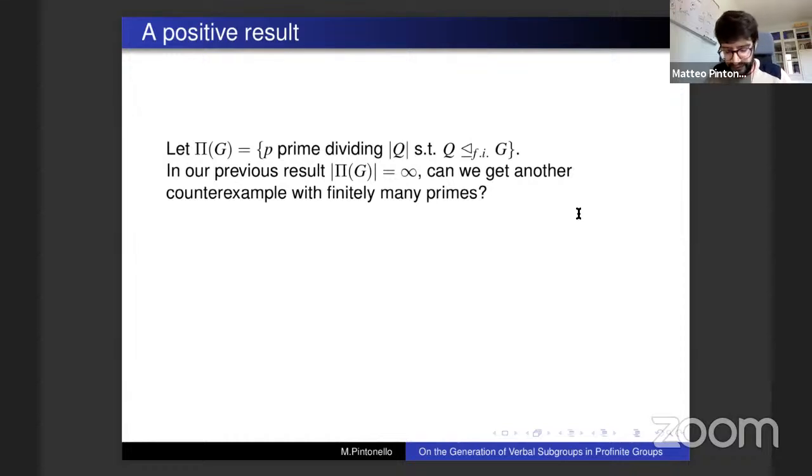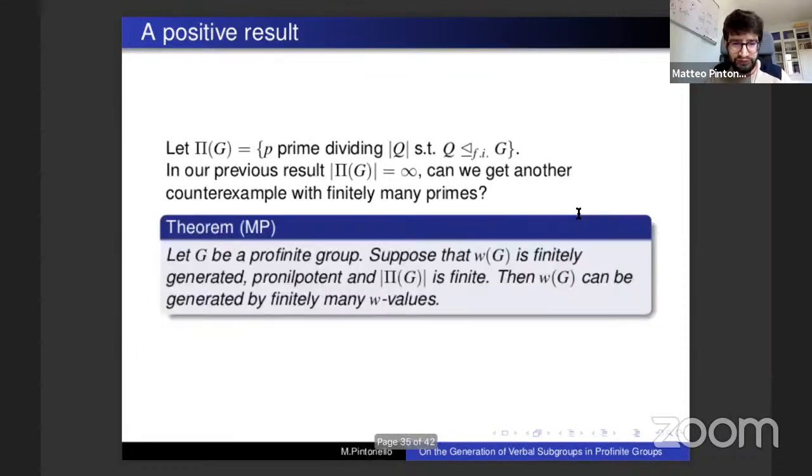Well, the problem was not that easy, but we have a sort of positive result under additional hypotheses. If G is a profinite group and WG is finitely generated with finitely many primes, and we also need pro-nilpotent, a sort of parallelism to the MacDonald result.